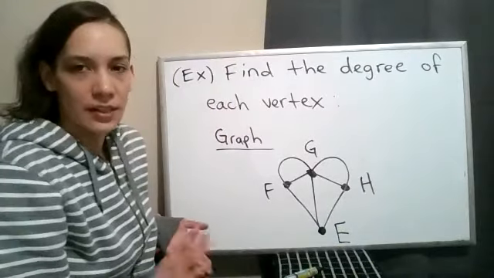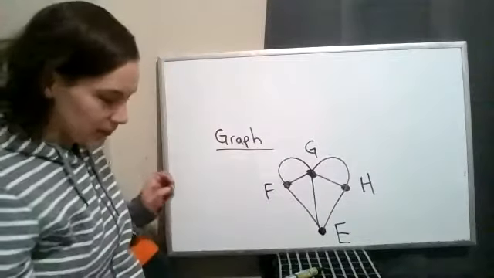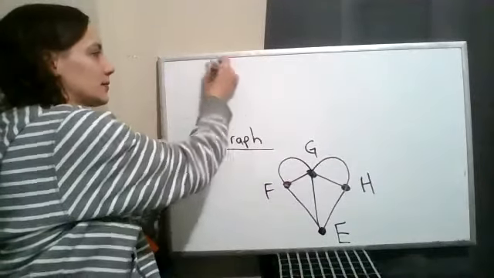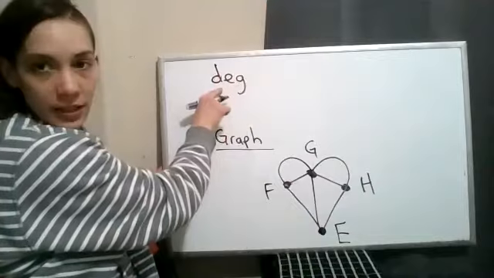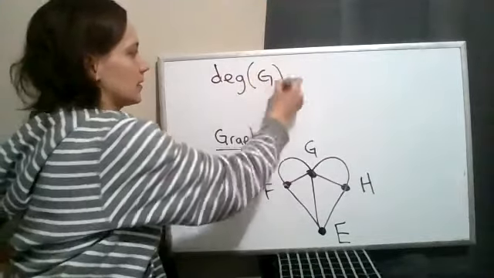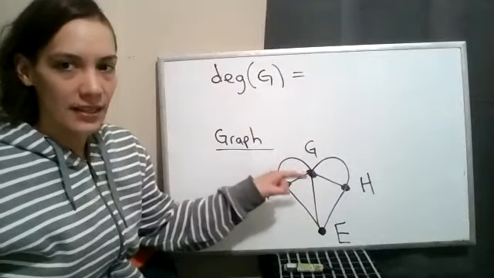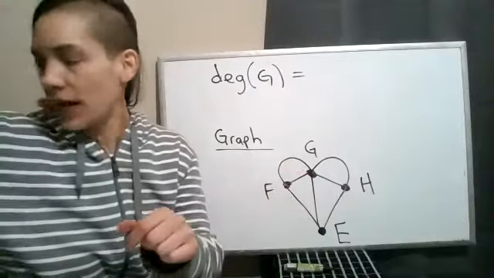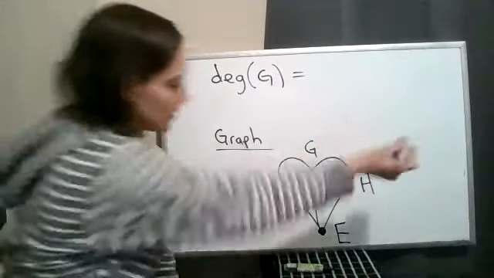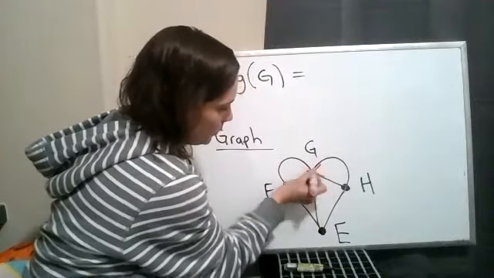So let's start with the degree of G. The degree of G is the number of edges that connect to G. So we're going to highlight how many times we have a connection. 1, 2, 3, 4, 5.